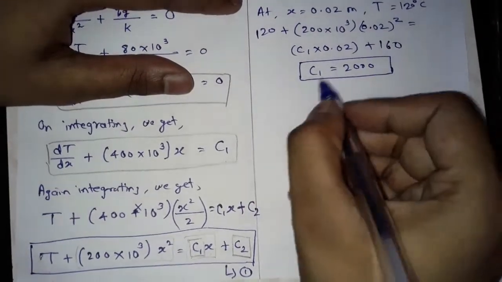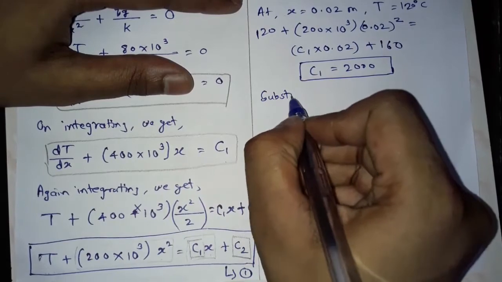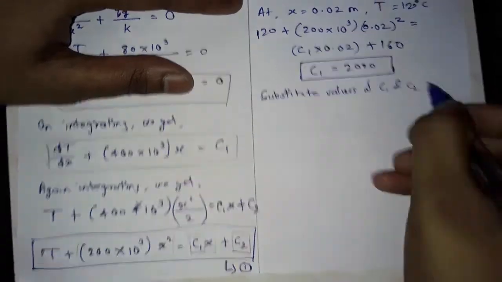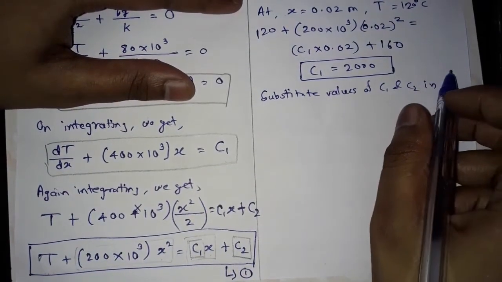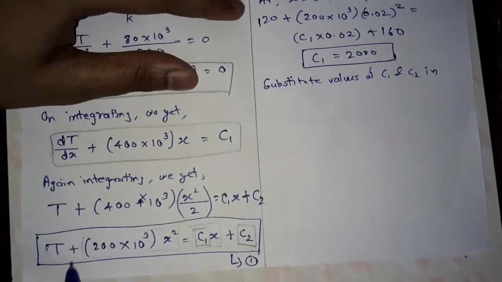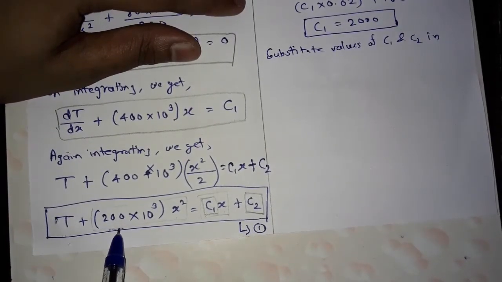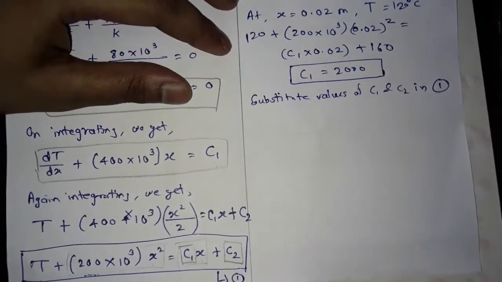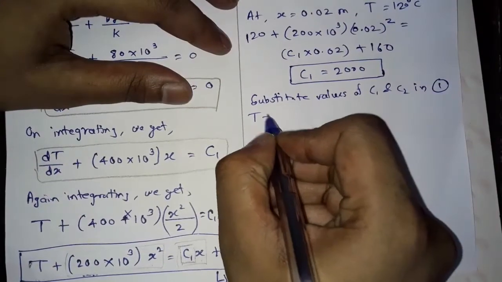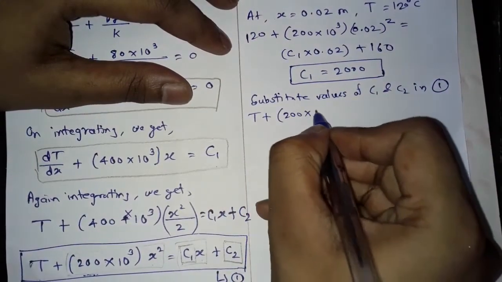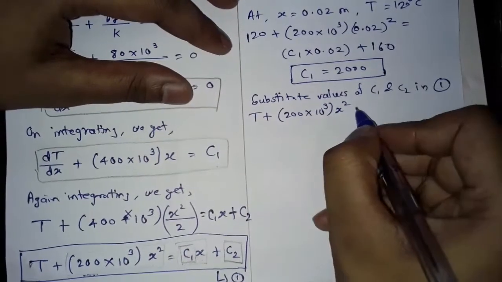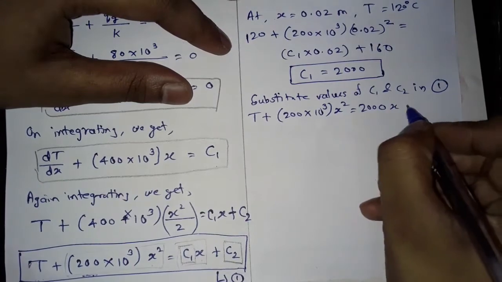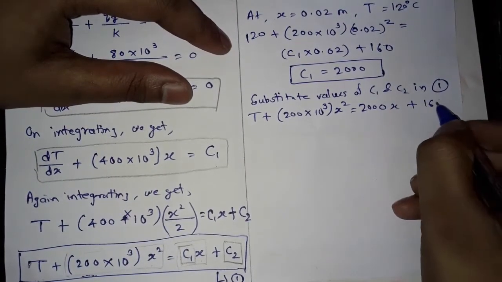Now let's substitute the values of C1 and C2 in equation 1, that is this equation. So in equation 1, T plus (200 into 10 cube) x square is equal to C1, we have here 2000, x plus C2, we have here 160.